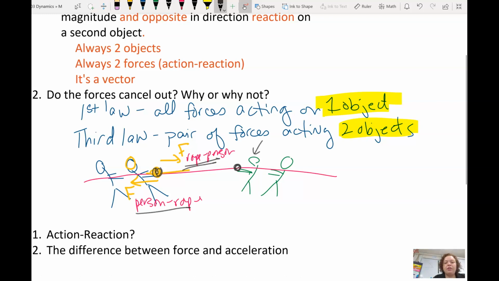This guy has the rope pulling, and which way is he going? This one's going here. All right, and this one is going here, and basically they're all pulling with the same amount of force, right? So why don't they cancel out? Because they don't.